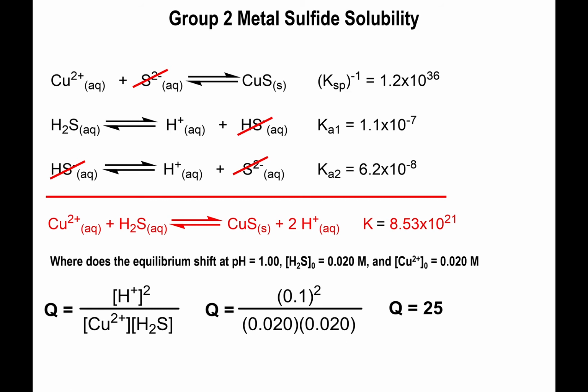And looking at the equilibrium constant, we can see that the value of the equilibrium constant is higher than Q. And because of that, this reaction is product favored, meaning that it will go to form a precipitate. So you can see just from the conditions that we use and the equilibrium value that we can actually make a very positive claim as to why we're forming this precipitate in the first place.